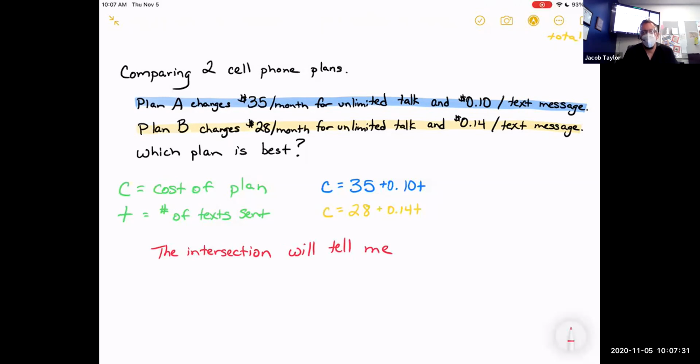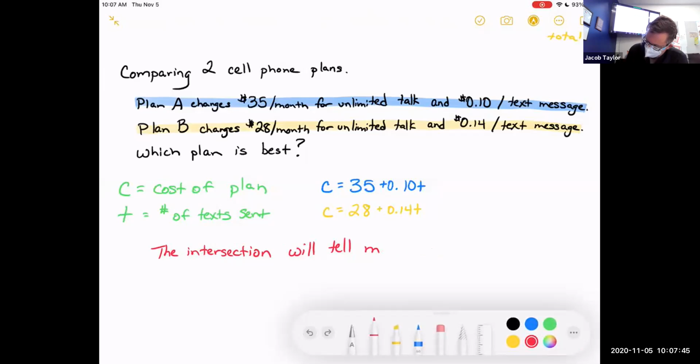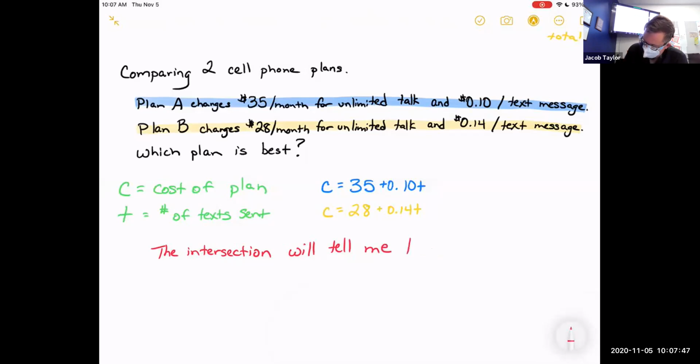I want to know what the answer is going to tell me. When they will be the same. The intersection will tell me when, you know what, let's do even better than that. The answer will tell me the number of text messages that will cause the plans to cost the same.